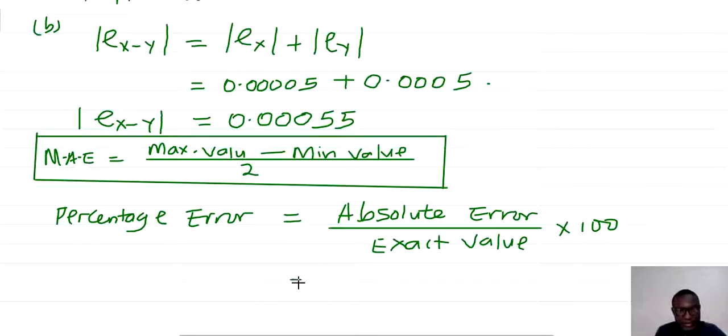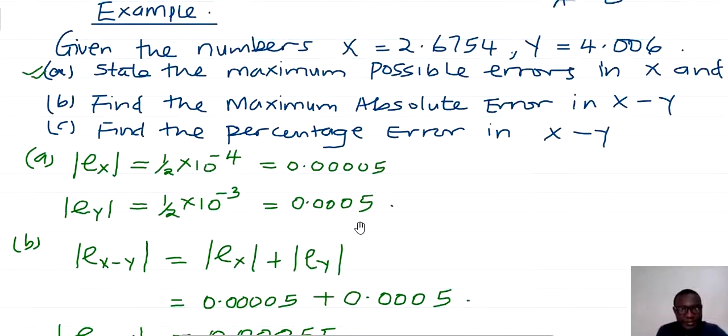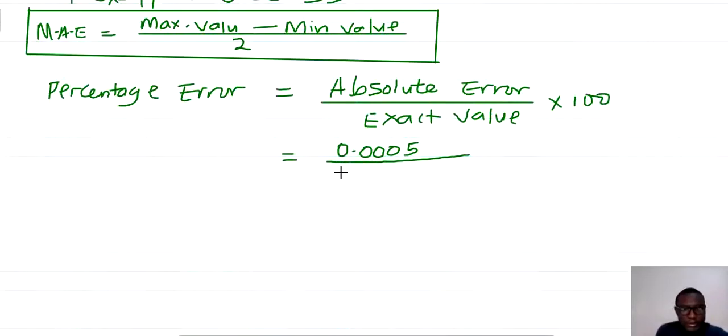The exact value is x minus y. So we have here 0.0005 divided by the exact value, which is x minus y. Our x is 2.6754 minus 4.006, times 100. Put this in absolute signs.